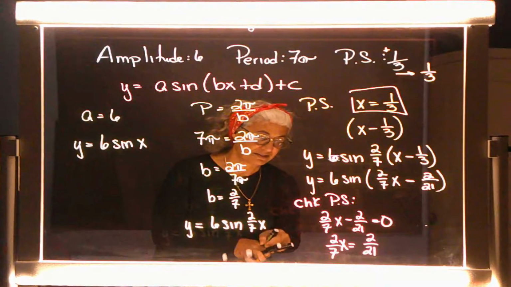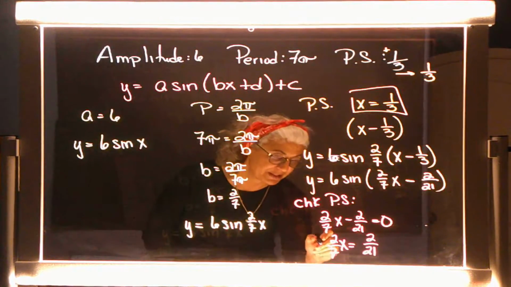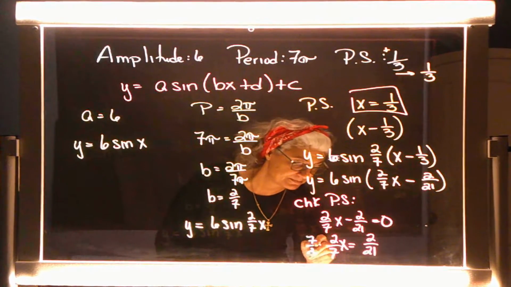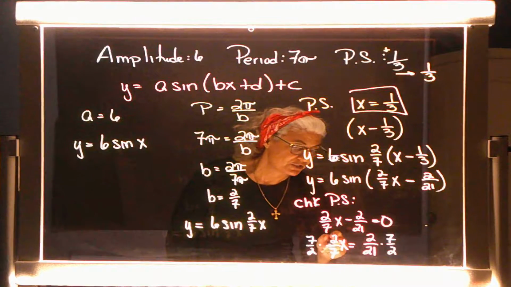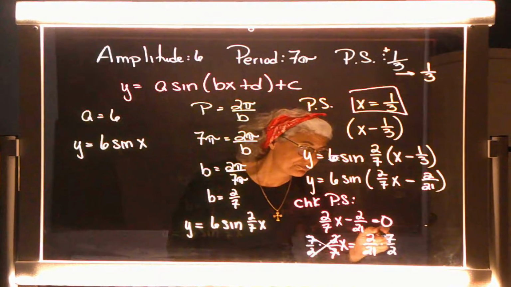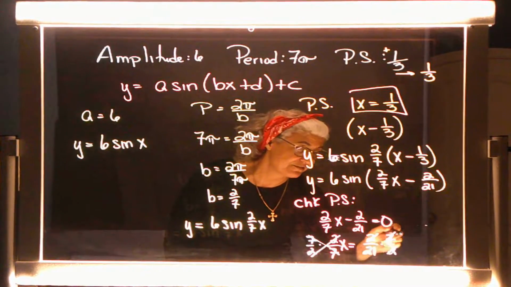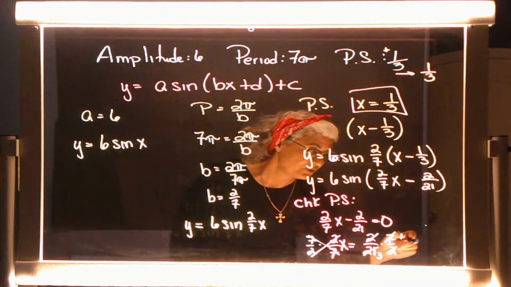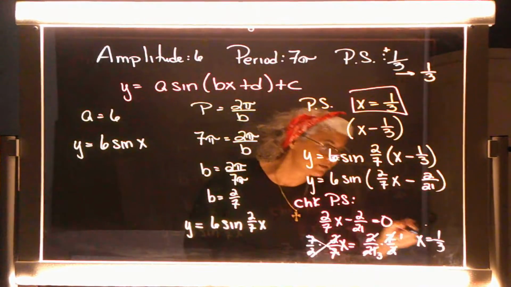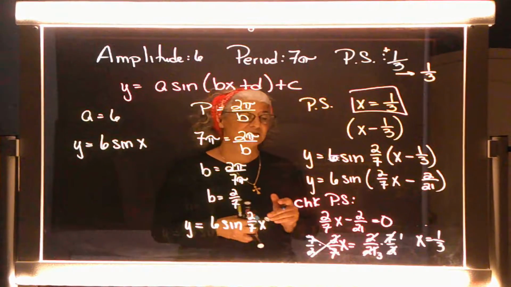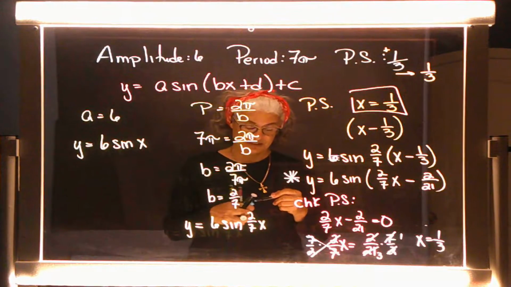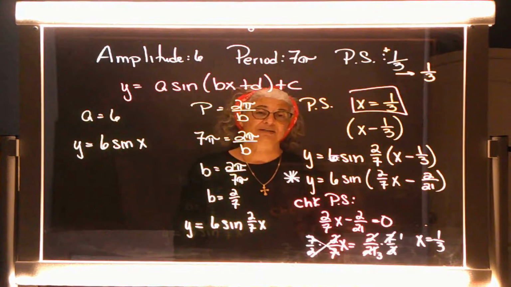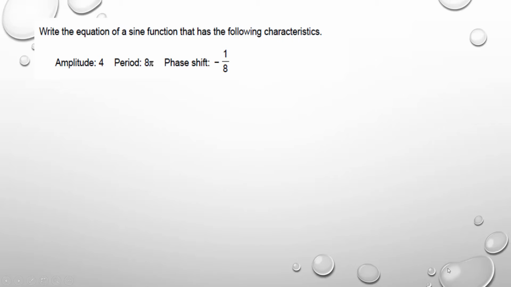And then you would multiply both sides by 7/2, wouldn't you? So those cancel, the 2's cancel, the 7 reduces with the 21, which will give me x equaling 1/3. So that does check. So you have found right here the sine function given this information. Cool? Hang in there. I got another one of these.